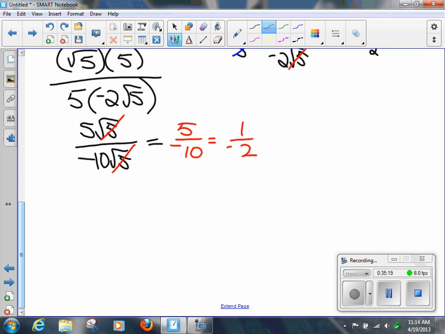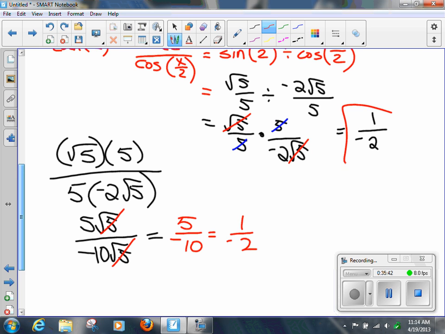See, it doesn't matter what you do. You can use the tangent formula, and it should work out. You can use the shortcut, but only use the shortcut for tangent when you have already solved for sine of the half angle and cosine of the half angle. Negative 1/2 is the tangent of our half angle. That's our answer right there.